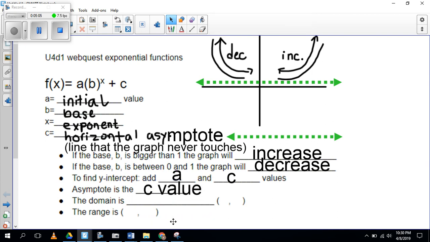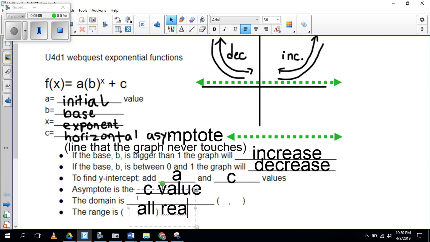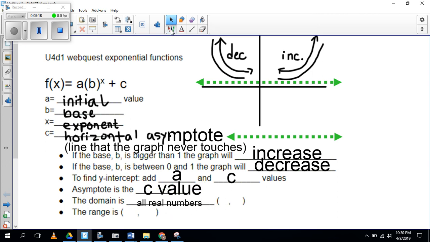Now, the domain is always going to be the same, and this is what we call all real numbers. You may remember this from geometry, all real numbers, but that basically means it's from negative infinity to positive infinity. And remember, these infinities mean it never stops.